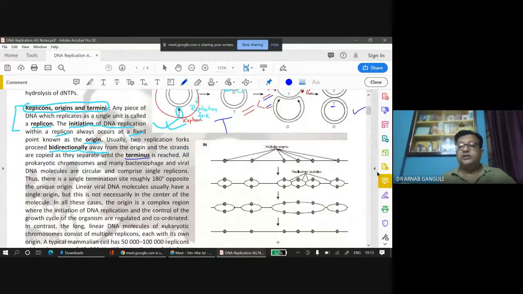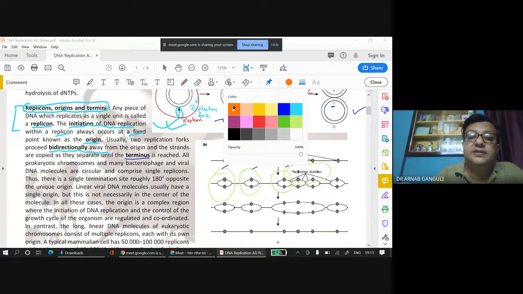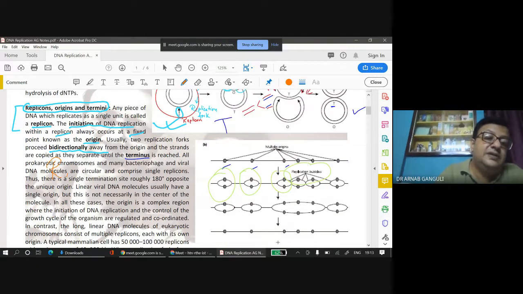In eukaryotes, you have multiple origins, and it forms structures like these, which are known as replication bubbles. Let's write it over here, it's better. Replication bubbles.